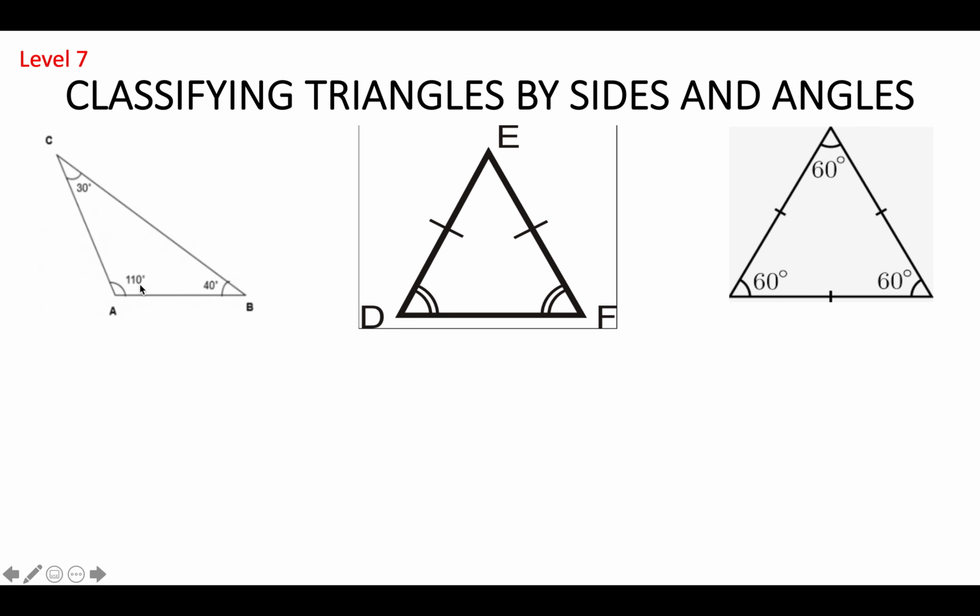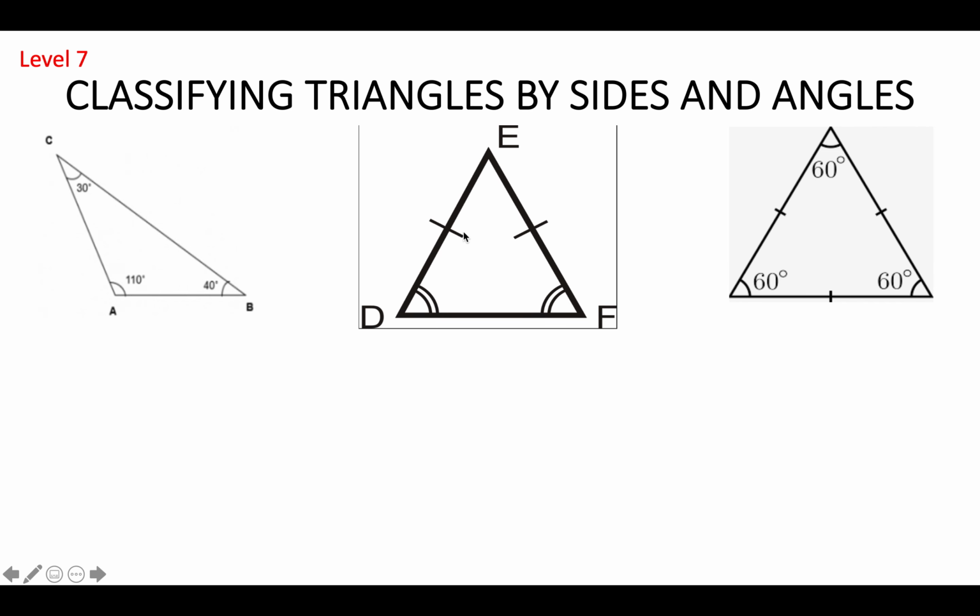3 different numbers, one's 110. By angles, it's obtuse. Since the 3 numbers are different, the side lengths are different, so it's called scalene, obtuse scalene. In this one, 2 sides are the same, 2 angles are the same. It's called isosceles.